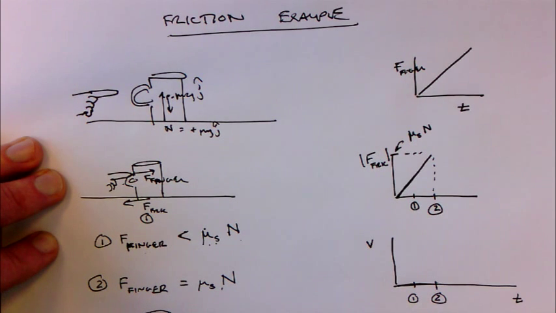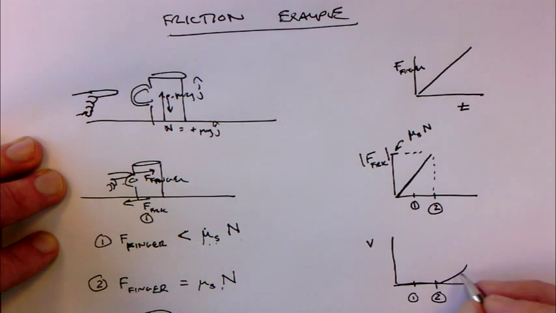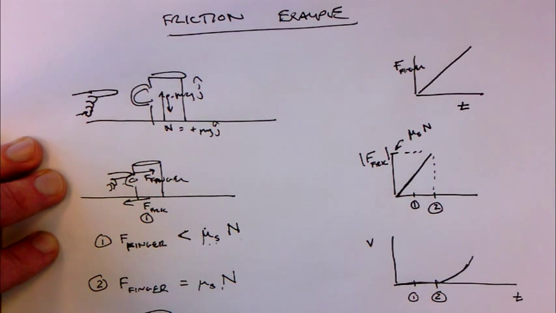The object begins to slide, so the object is moving, and it begins to accelerate. The velocity starts to increase at that point. Now we're moving the object across the surface. These bonds are breaking. The atoms are starting to shake as it's getting moved across the surface.